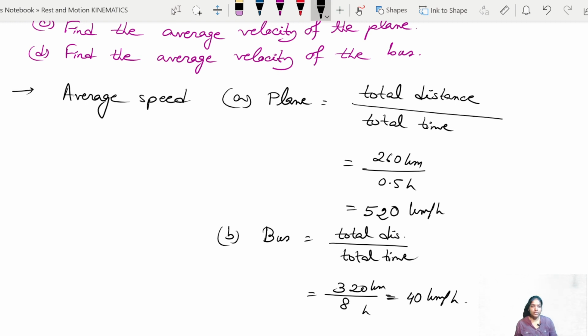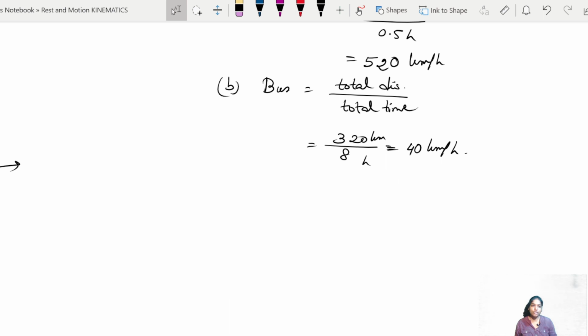Now come to the average velocity. For the average velocity, we have to find out the net displacement divided by the total time, or the total displacement travelled by the bus or plane divided by the total time.